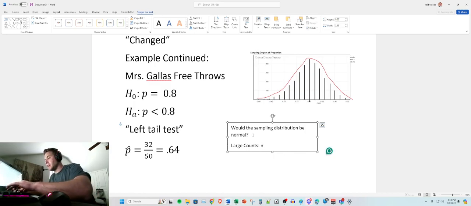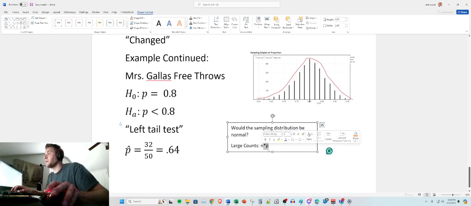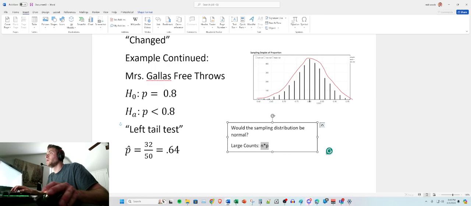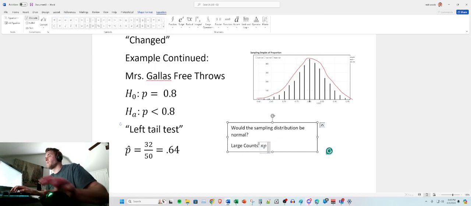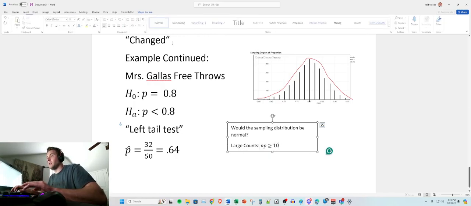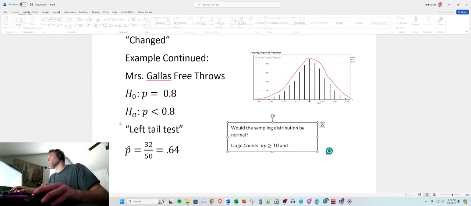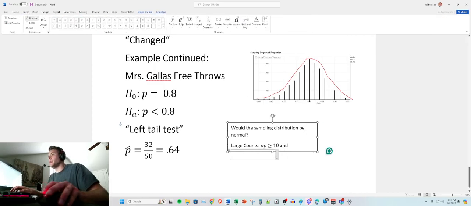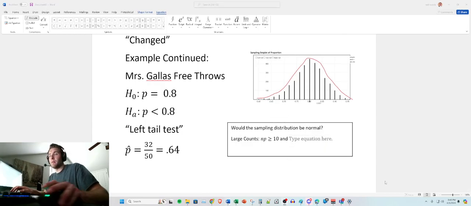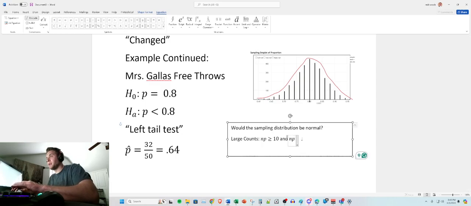So it's n times p greater than or equal to 10. Let me actually put this in an equation. n times p is greater than or equal to 10. And then we have n times 1 minus p is greater than or equal to 10 as well.